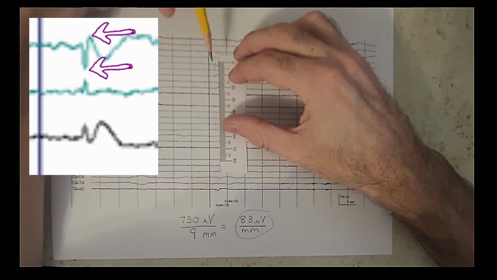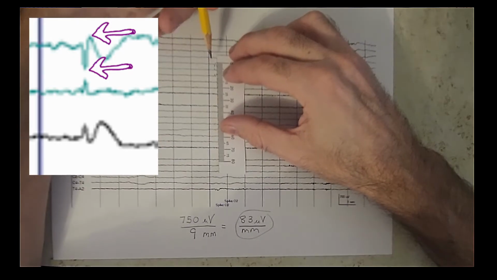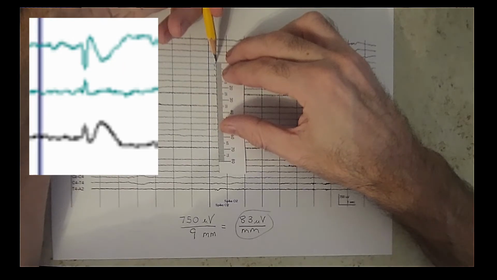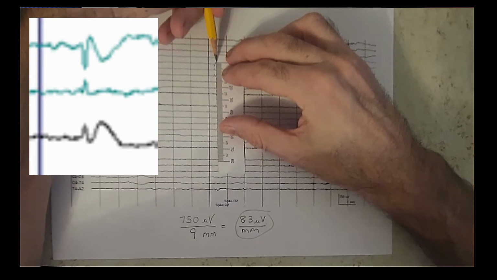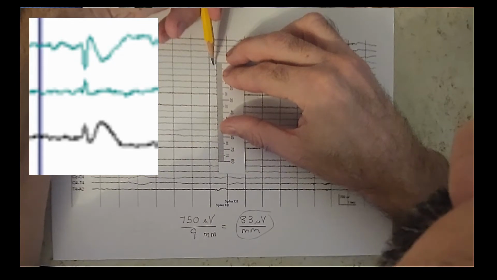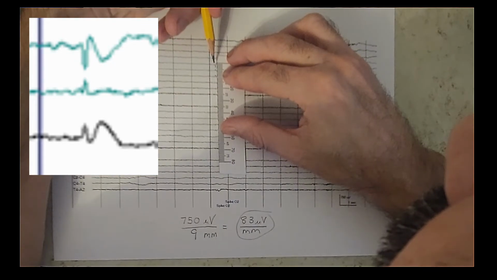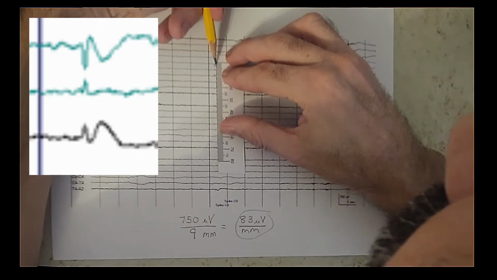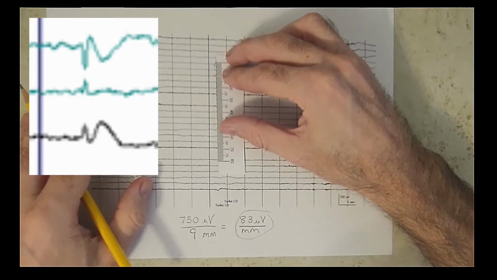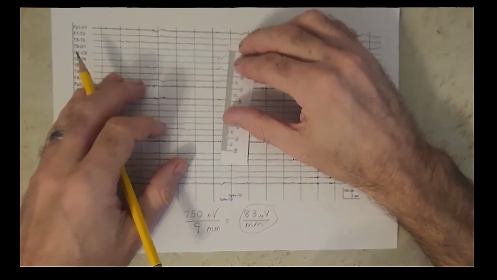Because O2's in the second input, but that's okay. Everything's otherwise the same. So we're going to start at the peak or trough, depending on how you look at it. We're going to go all the way to the tip of the spike. 1, 2, 3. So I would say that's about 3.5 millimeters.